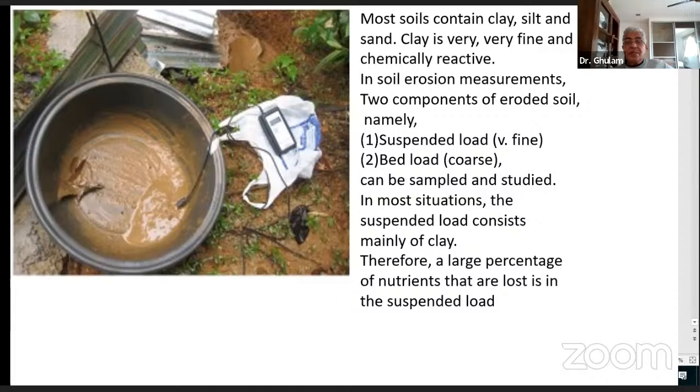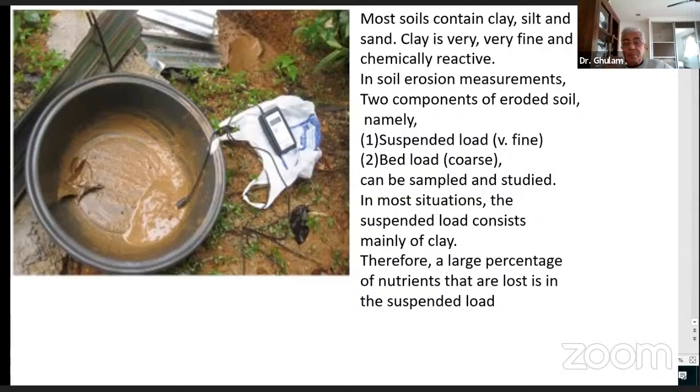But apart from that, as soil erosion occurs, in any project that measures soil erosion, it is now possible to separate the eroded soil into two fractions.